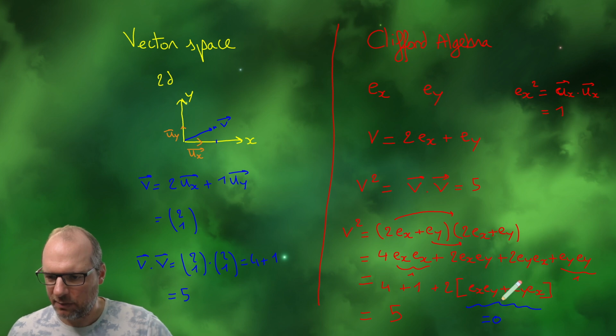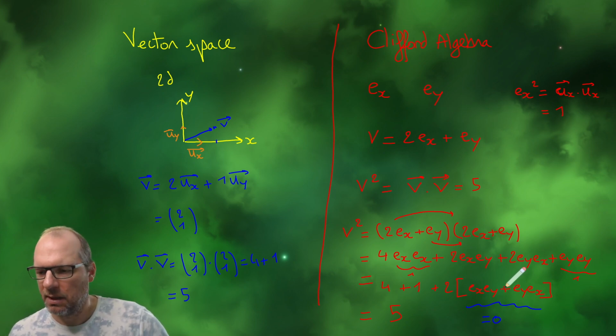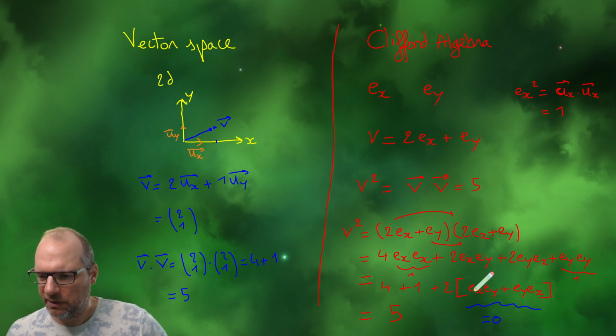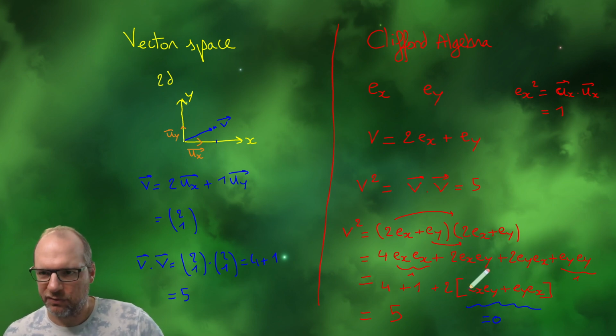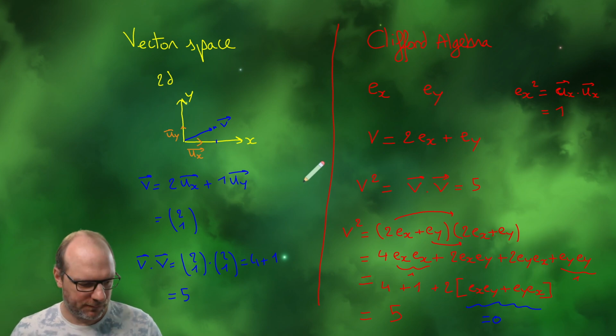So what kind of multiplication can we define? We can impose this rule to define the Clifford algebra.